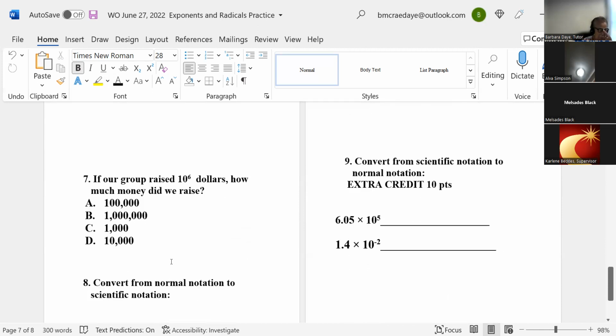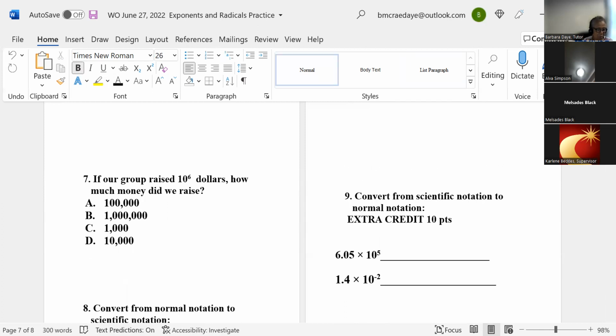I put 100,000. 10 to the 6. That means your decimal point is moved 6 places to the left. So which answer here do you move the decimal point 6 places to the left? I have it on the phone. Which one would it be, Alva?